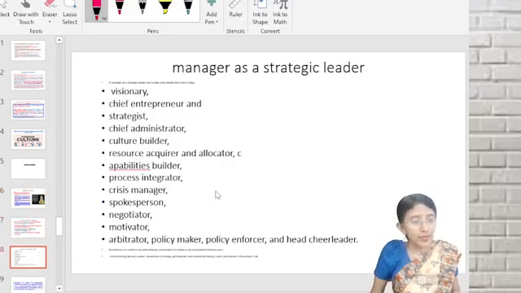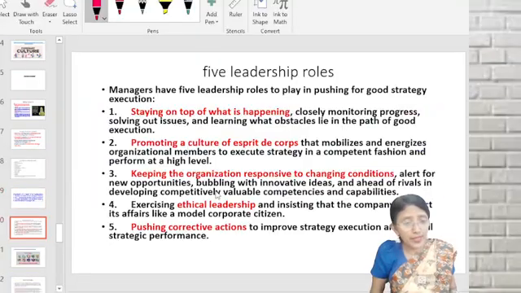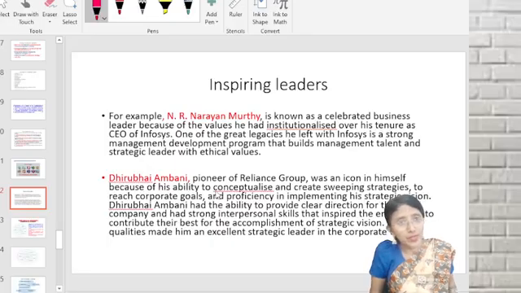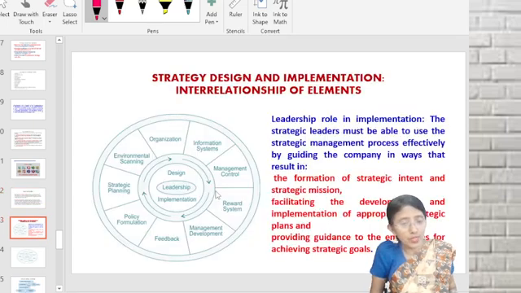Apart from the qualities and other things, leadership roles, you have two types of leaders: transactional and transformational, isn't it? For inspiring leaders, the examples are Narayana Murthy, Dhirubhai Ambani and Ferenczo.